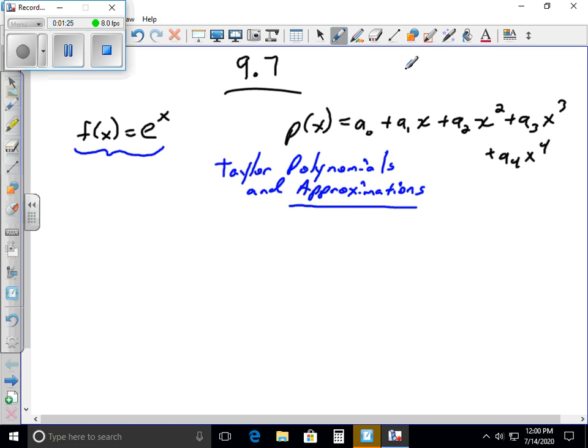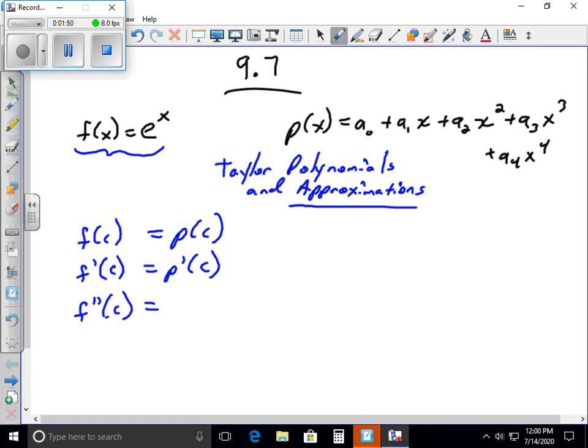So in order for it to be a good approximation, at a given value, we want the function to be equal to our polynomial at that same value. If we take the derivative at that particular x value, we want it to equal the derivative of our polynomial. If we take the second derivative, we want the second derivative to have the same value for the polynomial and for the function, and so forth.